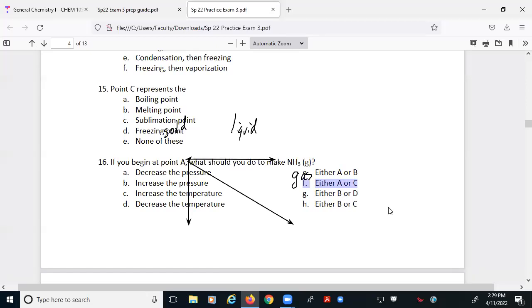Now, if the question were more specific, say it was, how can you turn the substance into gaseous ammonia without undergoing a phase change to the liquid? Then decreasing the pressure would have been the only way to do it.